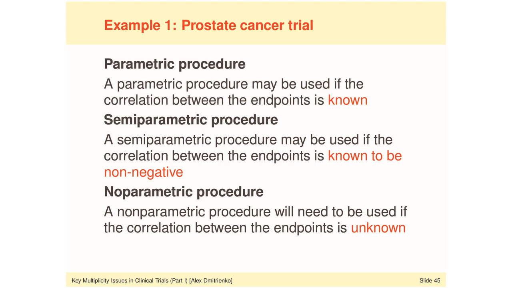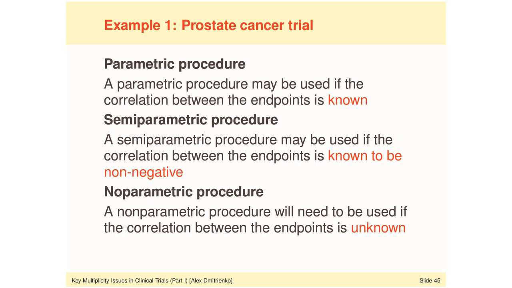But the general parametric approach may be used only if the correlation between the endpoints is known at the design stage, which means it's known prior to the beginning of the study. Since this is not the case, we don't know what the true correlation coefficient is, we cannot apply a parametric procedure, and we will need to consider alternative approaches.